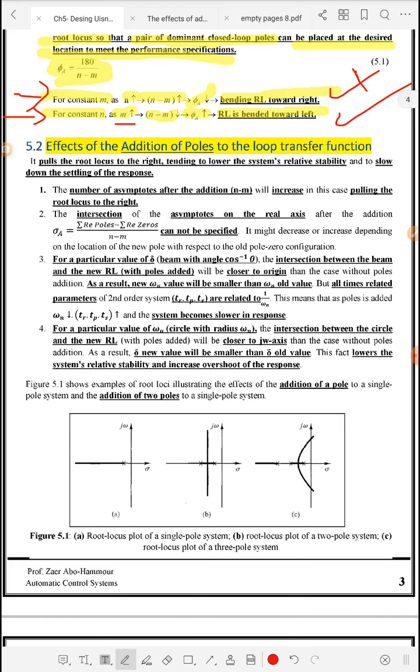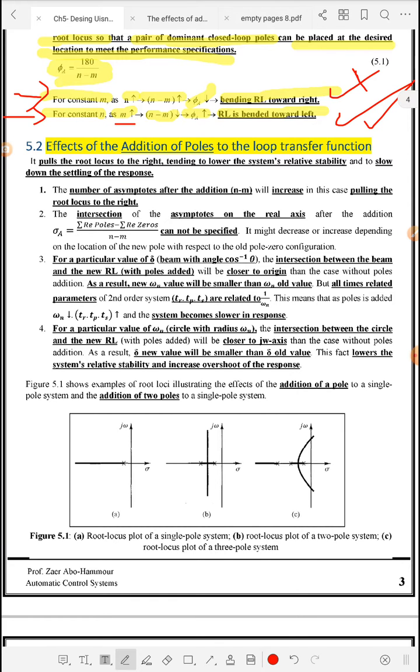And since the second will bend the root locus to the left, this is a very nice step. So we will reach the conclusion that addition of zeros is good. It will shift or reshape the root locus to the left, while the addition of poles has a negative impact.